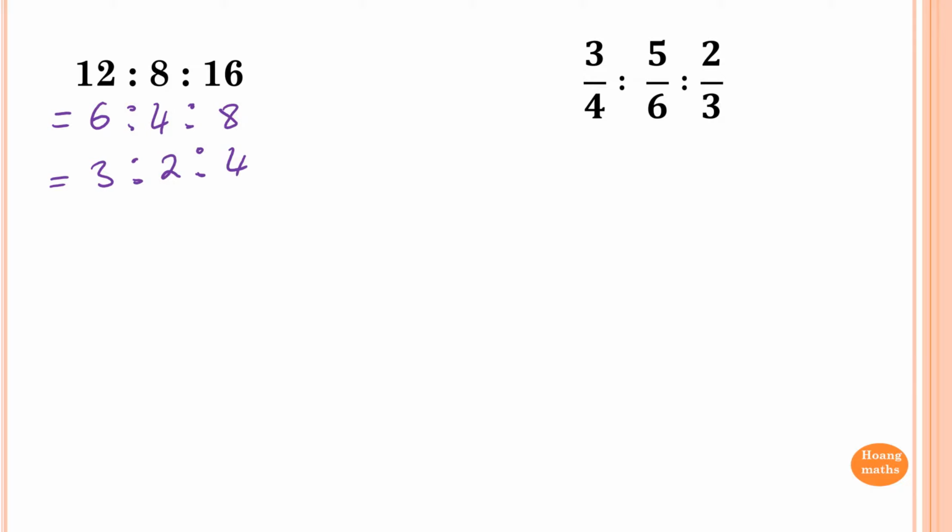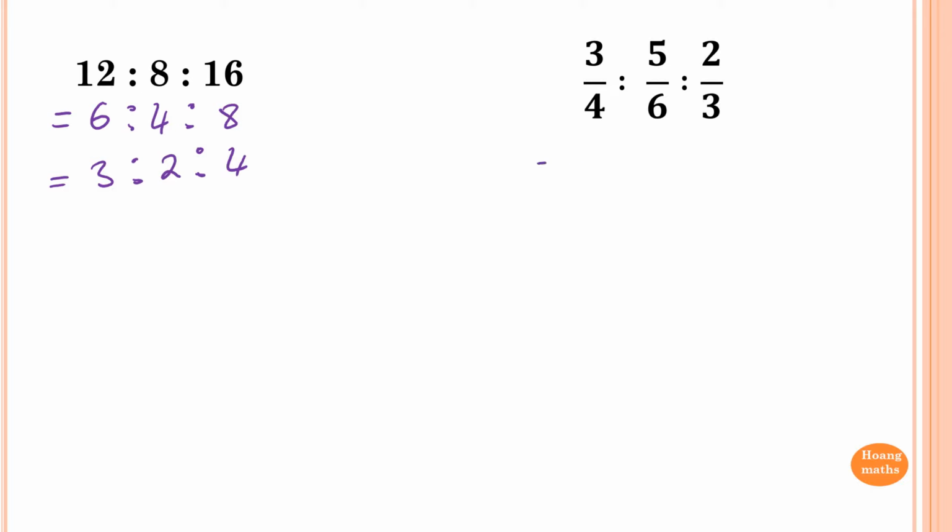To do this, you can just list the multiples out. Let's say 4, 8, 12. I list multiples of 4. So at 12 you stop, because 12 is a multiple of 4, 12 is a multiple of 6, and 12 is a multiple of 3. So the common denominator is 12.